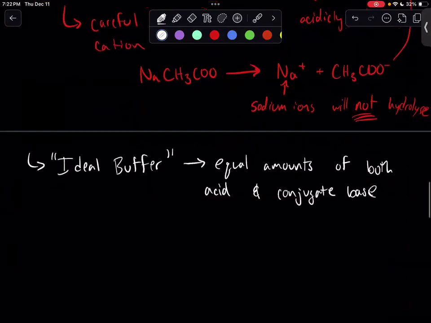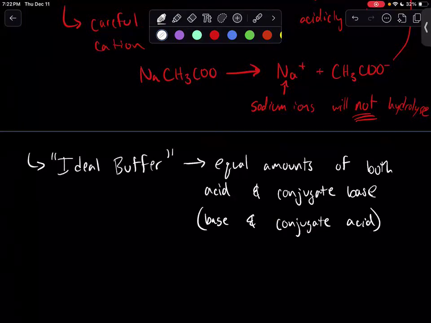Or if we're referring to a basic buffer, then we could also say base and conjugate acid. So any way we can make those equivalent amounts will be an ideal buffer.